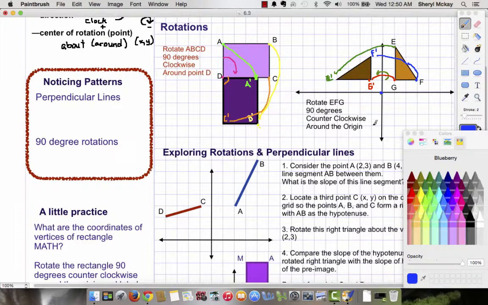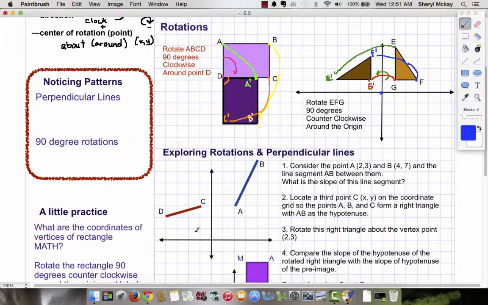But I want us to do a little exploration and see if we can find some other ways that we can visualize this. So take a look at my section that says exploring rotations and perpendicular lines.